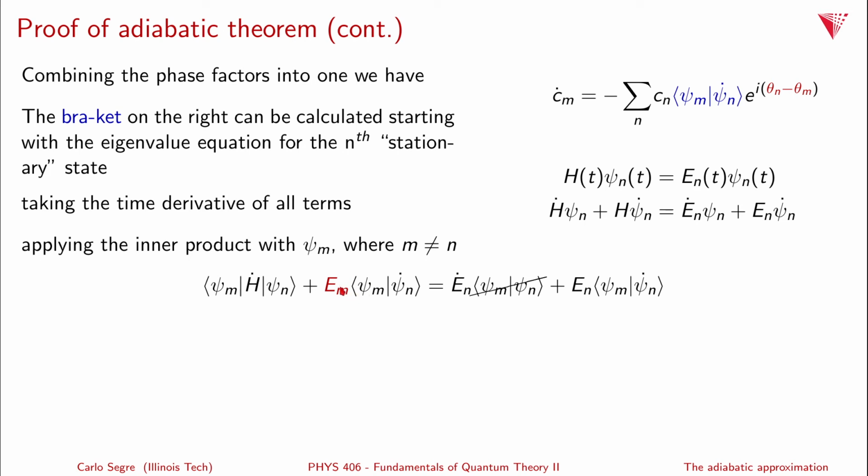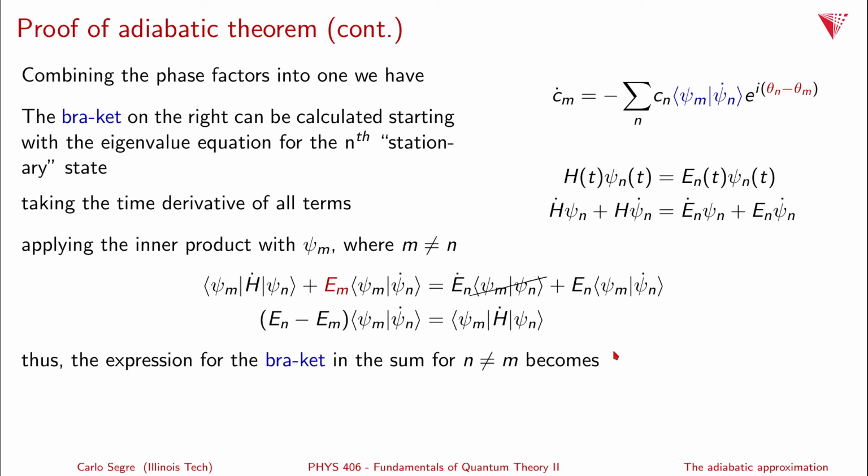We can then get E sub m, which we pull out from this term. And now we can bring both the E sub m term and the E sub n term, which have the same inner product, together to the same side. And so we get E sub n minus E sub m, quantity, times the inner product of psi sub m, psi sub n dot, is equal to the final term that's left on this side, which is the inner product of psi sub m, H dot, psi sub n.